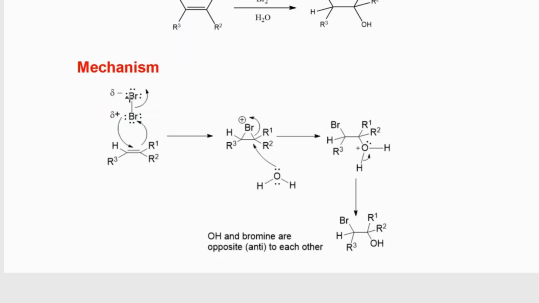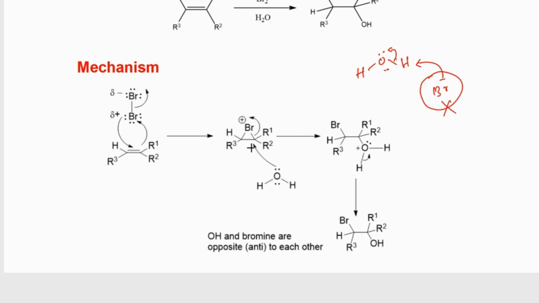The alkene will attack the bromine, and the bromide ion will get cleaved, but that bromide ion will not come and attack in the second step, because we took the water molecule in excess, which acts as a solvent. So that will react with this bromide ion and it will get neutralized. So the bromide ion is not available for the attack in the second step.